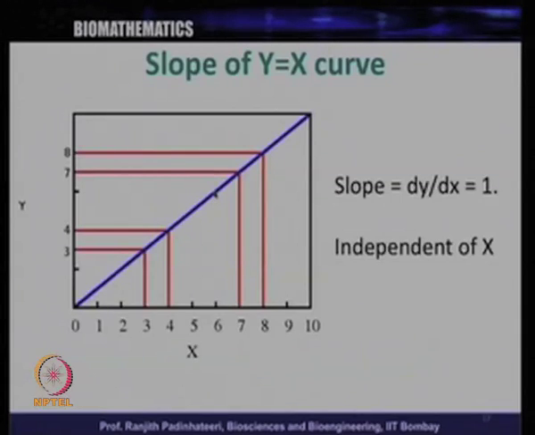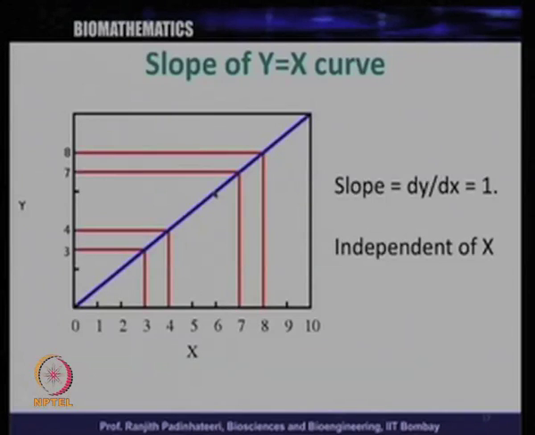Whatever two x values you take, if you take any interval on this curve and calculate the corresponding y interval, you will always get the same, that is dy by dx is 1, and it is independent of whatever x value you take. So, this is how we calculate the slope.